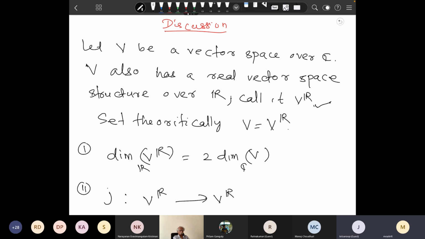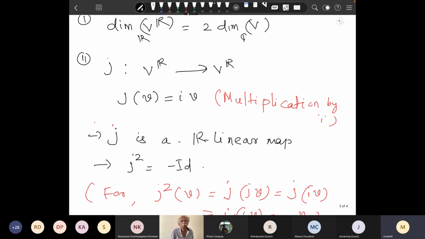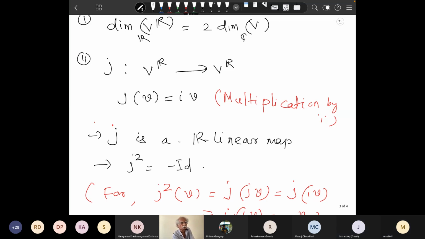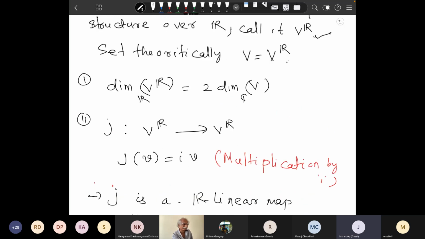Then you are defining J to be scalar multiplication by i. If you take Jv is equal to iv, is this clear? Could you elaborate? What do you mean by scalar multiplication?